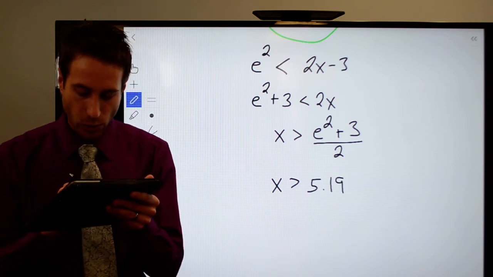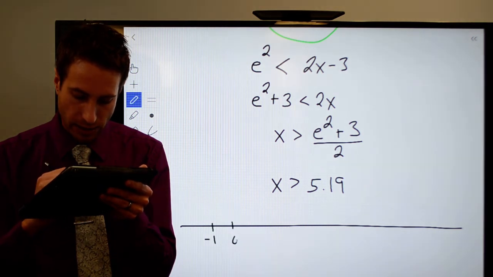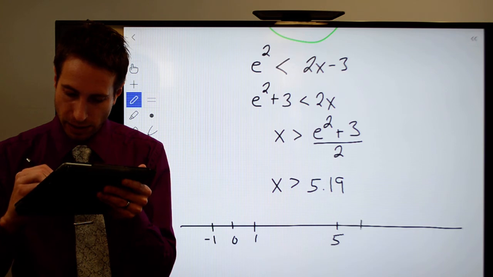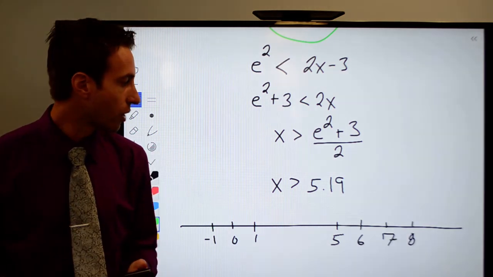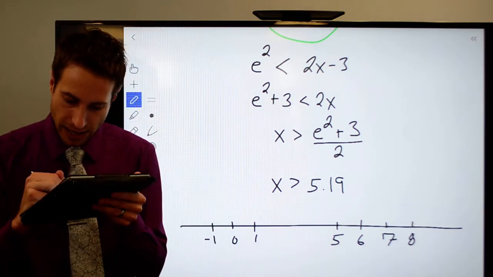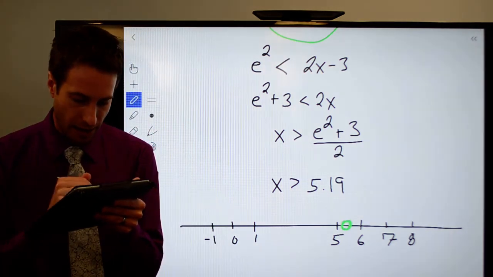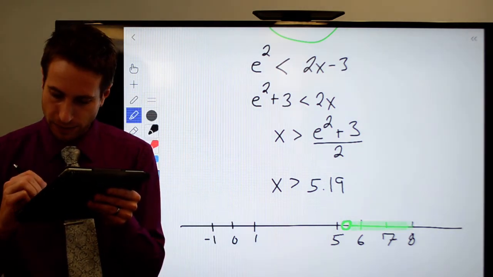And again, here's the reason why that is not a problem at all. Negative 1, 0, 1, 2, 3, 4, we'll say 5 is up here, 6, 7, 8. Again, what this inequality tells me is I need everything bigger than 5.19, which is somewhere right around in there. And I'm everybody greater than that.